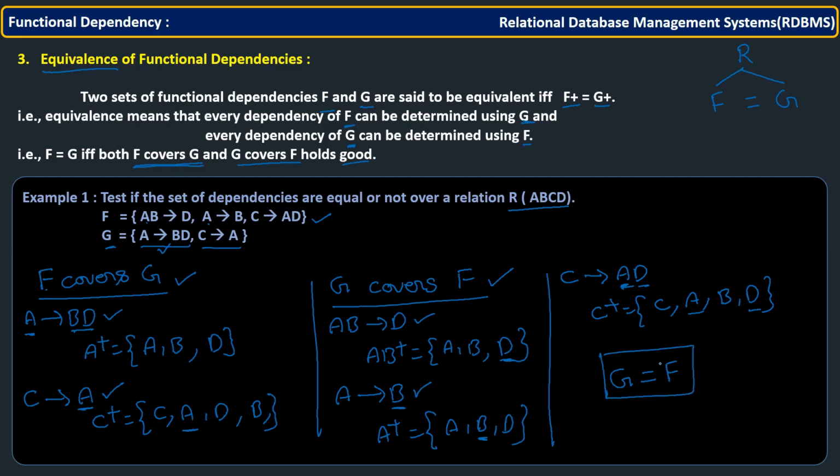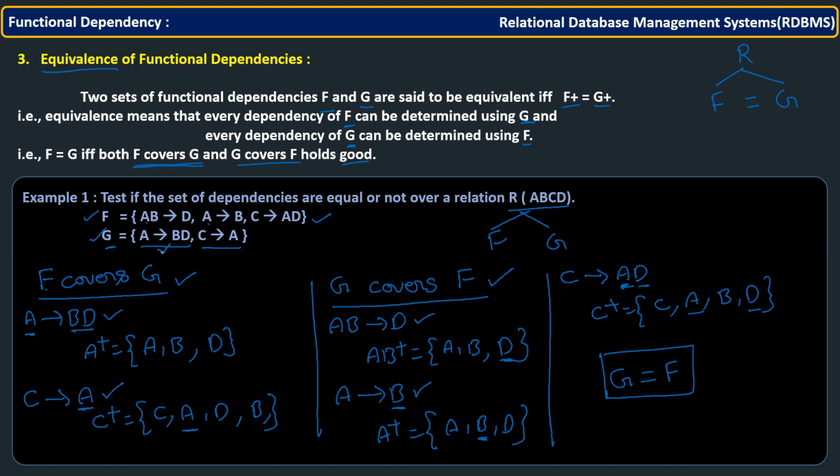Why are we going for this equivalence? That is the inference point. F and G are derived for the same table, so which set of FDs do we have to consider? Always see, these FDs are nothing but a set of rules. If rules are more, you don't have much flexibility. If rules are fewer, you have a lot of flexibility. That is why the recommended one is always the smaller number of FDs.